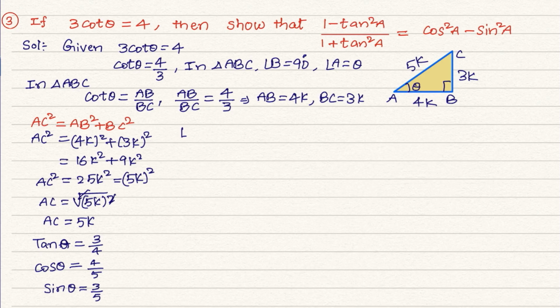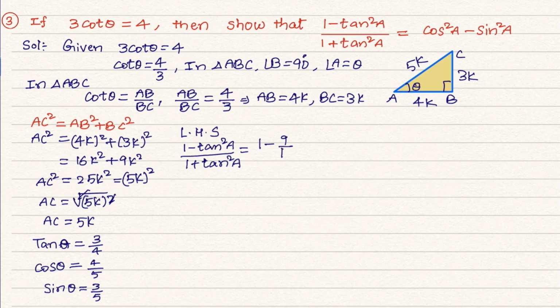So let's find out what is LHS here. LHS we have to find 1 minus tan square A by 1 plus tan square A. Substitute tan A is 3 by 4. So tan square A is 9 by 16.